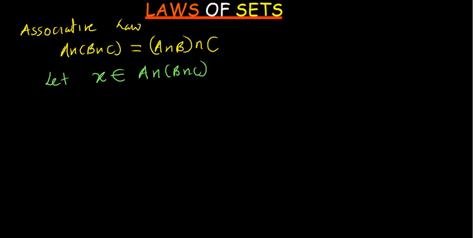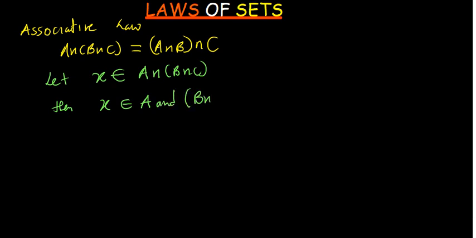This means that if x is a member of A intersect B intersect C, then x is a member of A. So where there is intersect, I'm going to put and.